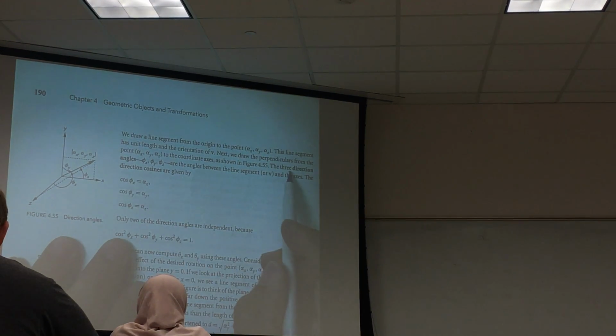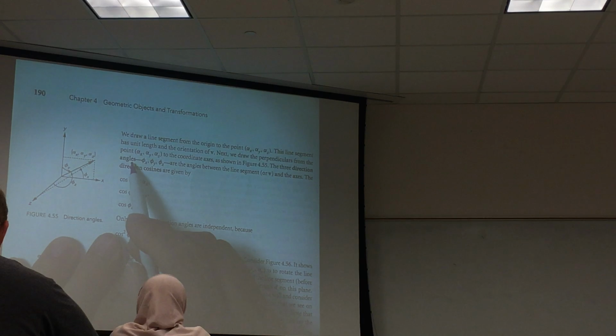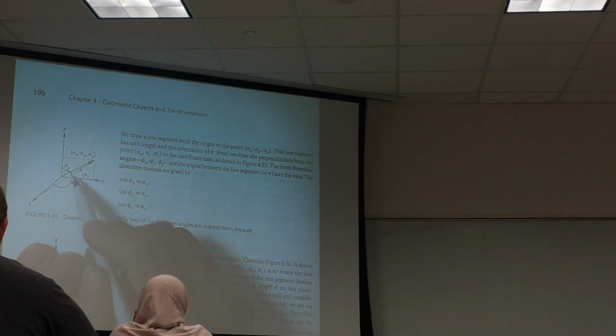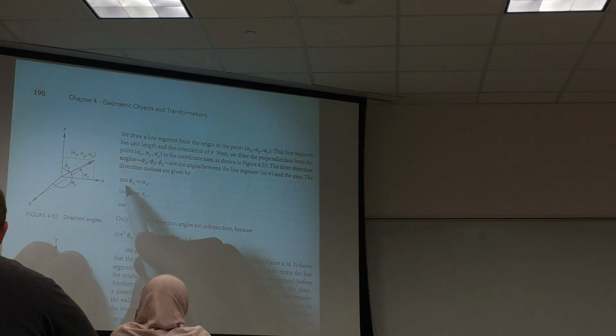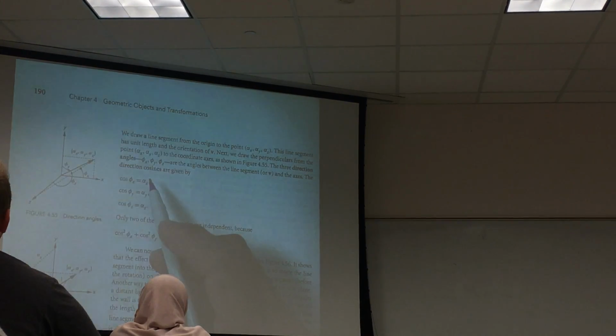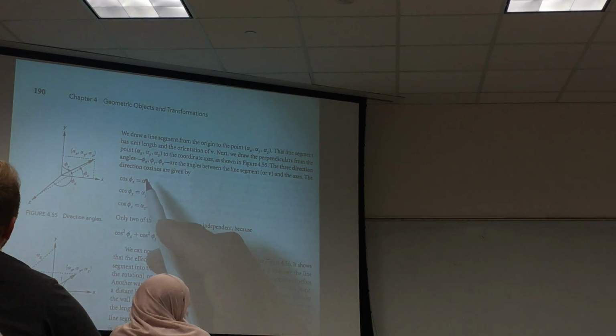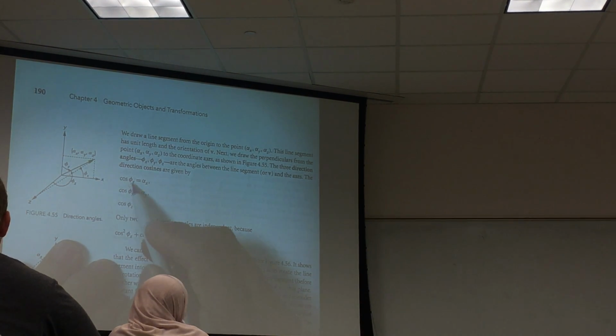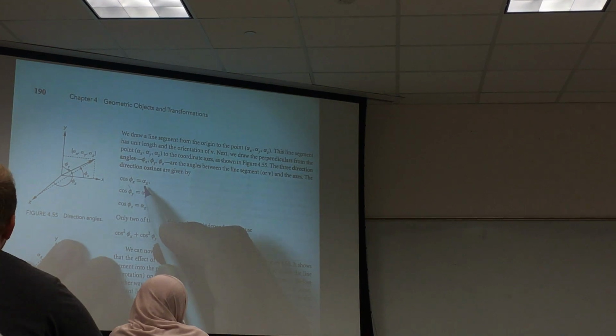These are called the direction angles, because that's a unit vector, and each component is equal to the cosine of the angle. The projection of that unit vector onto the axis, by the angle, is a cosine component. So the cosine of that angle is equal to the component of that unit vector.